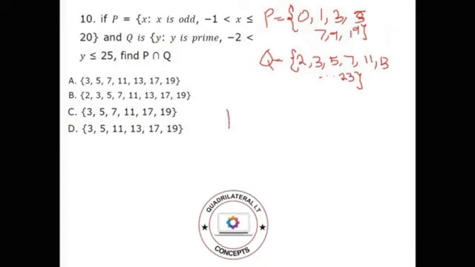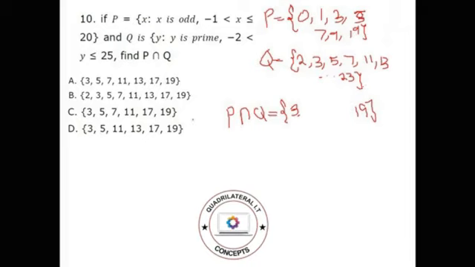So I ask you, what is P intersection Q? That is, what elements do they have in common? Don't forget that they are going to have everything in common except 2, because 2 is the only even number among the prime numbers.